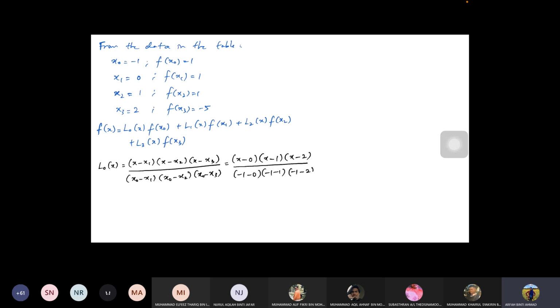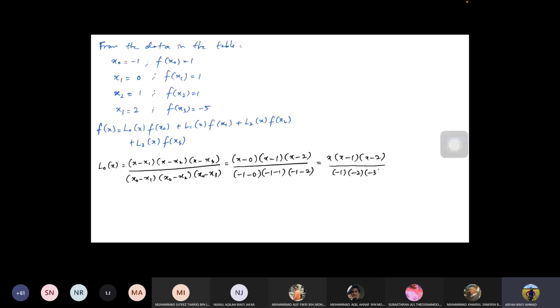So kalau awak tengok dekat sini akan dapat x darab x tolak 1, x tolak 2 bahagi dengan negatif 1 darab negatif 2 darab negatif 3.